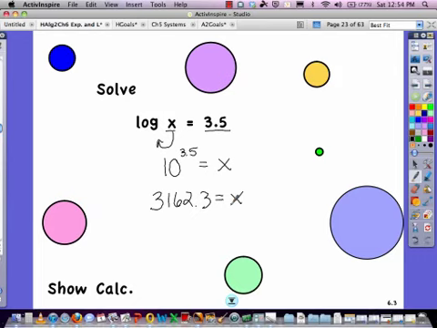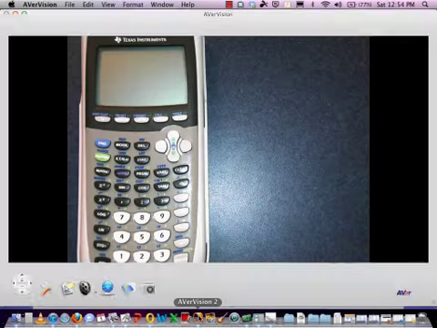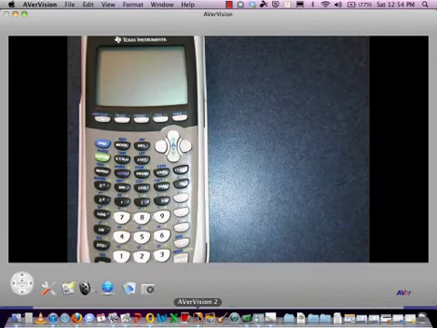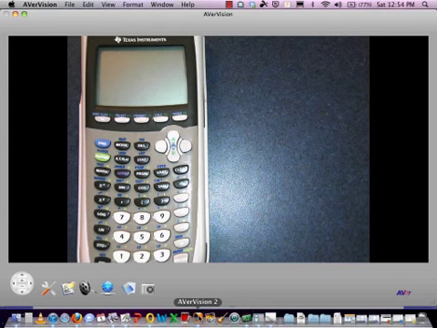Now I'd like to quickly change to our calculator here. Let's see how this works. And our calculator's sitting here, and if we would turn this calculator on.